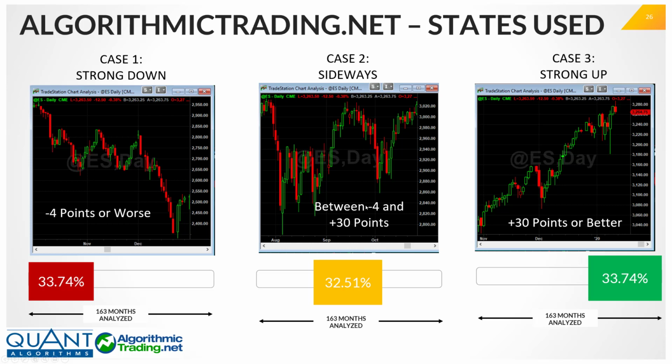Now, you might say, how did you pick -4 and 30? Those are the knobs that allowed these to be equally distributed into thirds. So notice how in the 163 months that are analyzed, 33.74% of those months, the S&P was down 4 points or more.